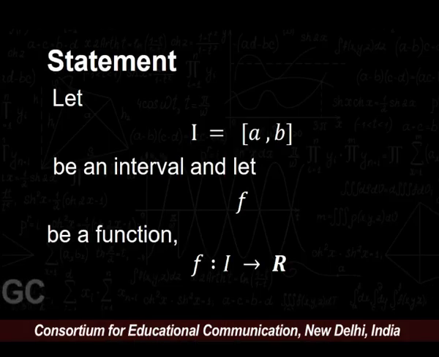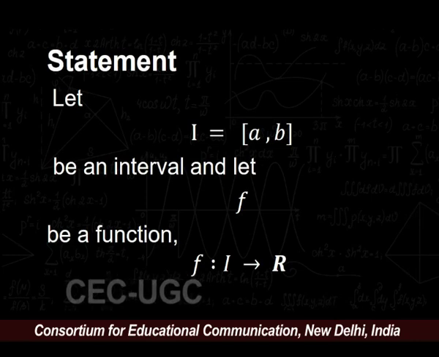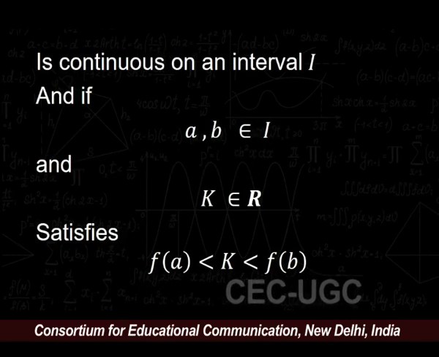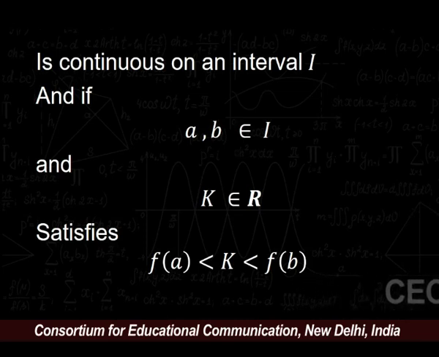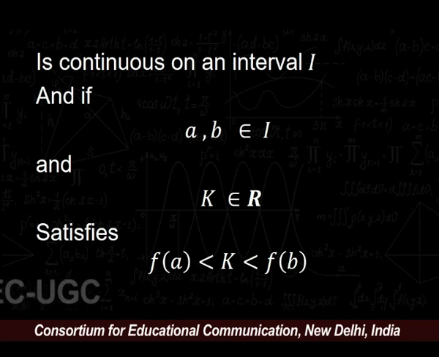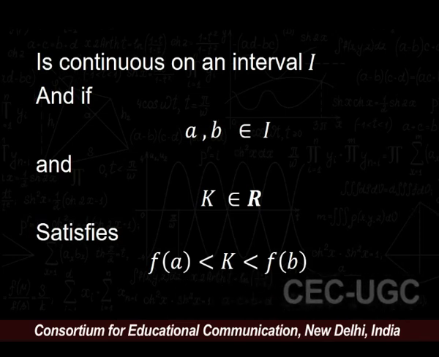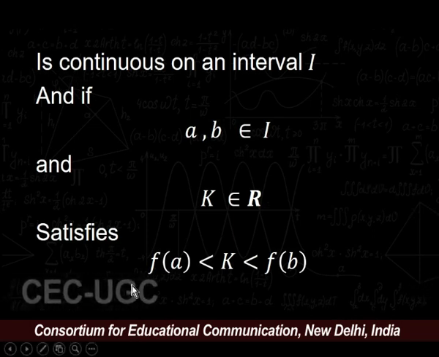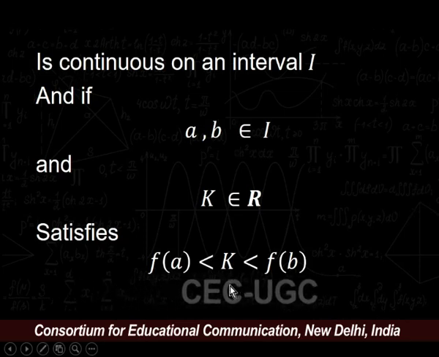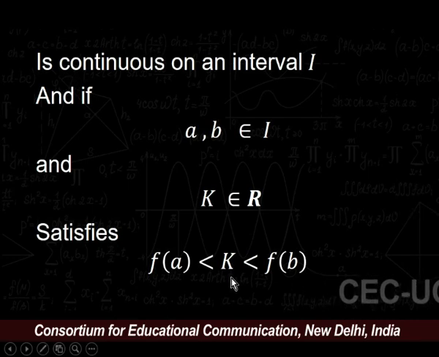The statement is, if we have an interval I of the form closed interval a comma b, and define a function f from I to R, which is a continuous function on the interval I, and we have a and b belonging to the interval I and k be any real number satisfying the following inequality: f of a is strictly less than k and k is strictly less than f of b.